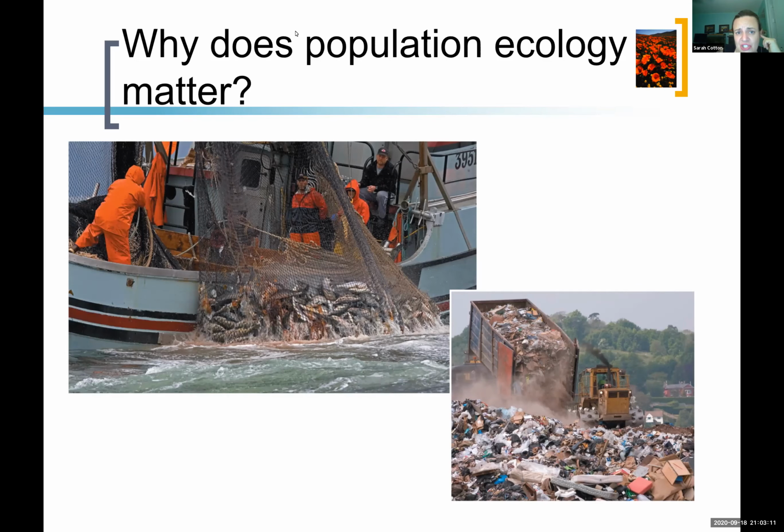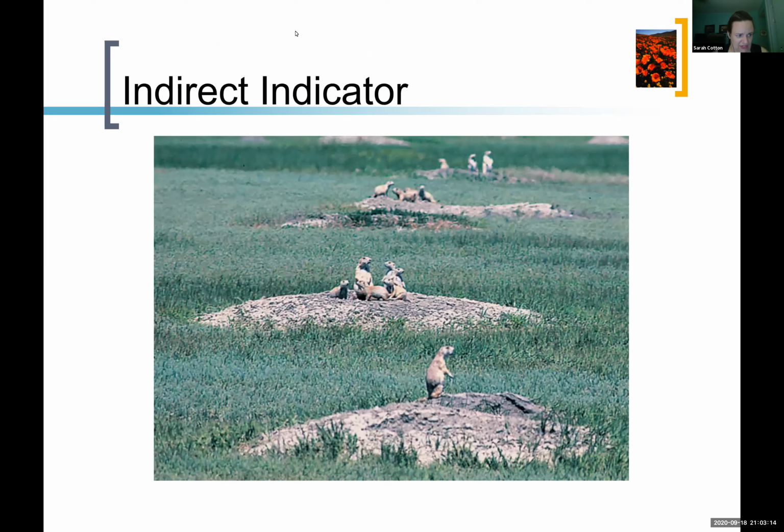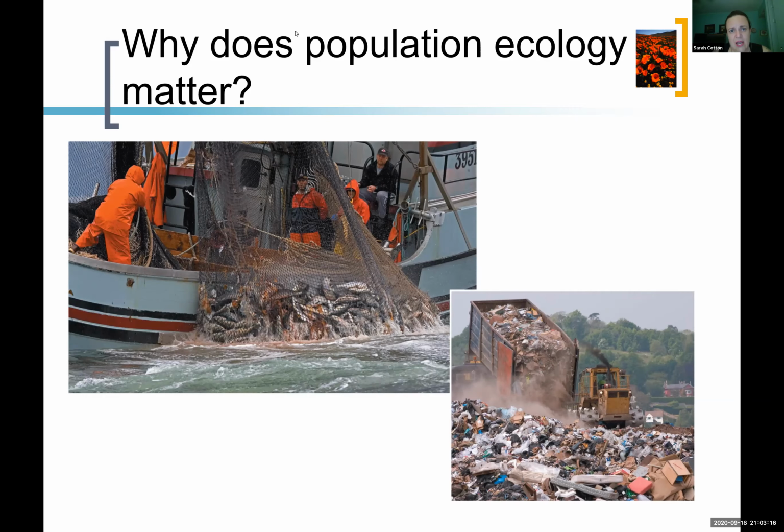So population density simply is defined as the number of individuals per unit of area or sometimes volume. Okay, so population, that's an abbreviation for the word population.